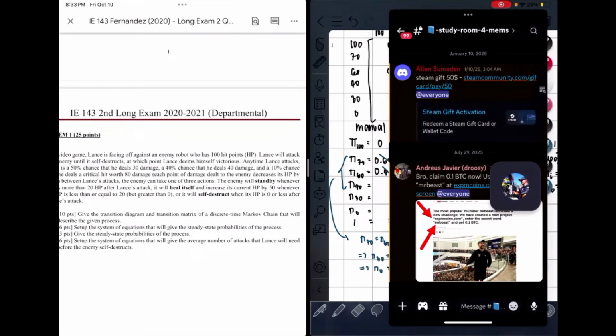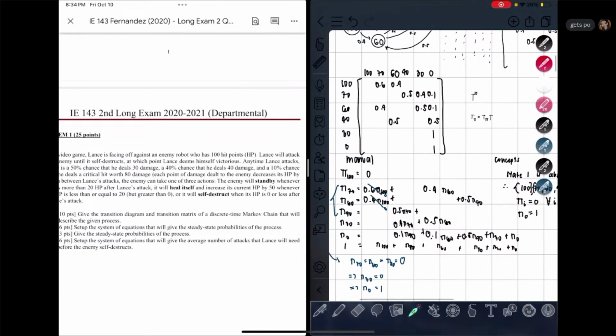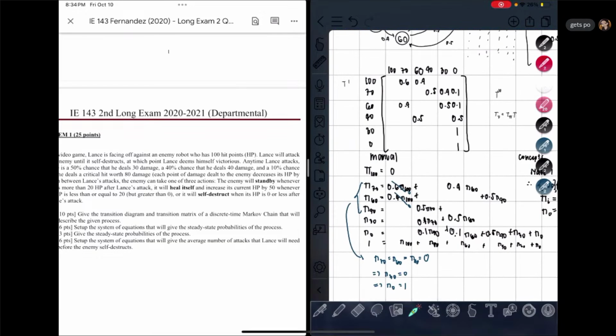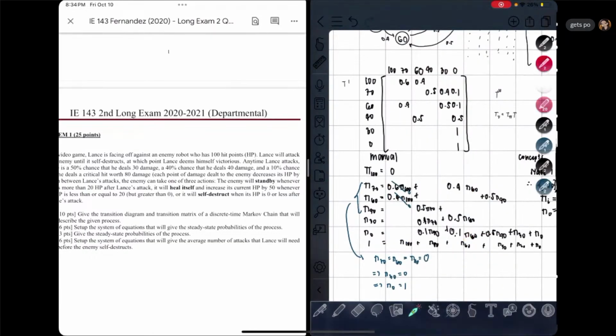So if you get how to get to this part, I will just continue on. But if not, let me know. I will assume that because this part is basically just matrix multiplication, we can just continue.